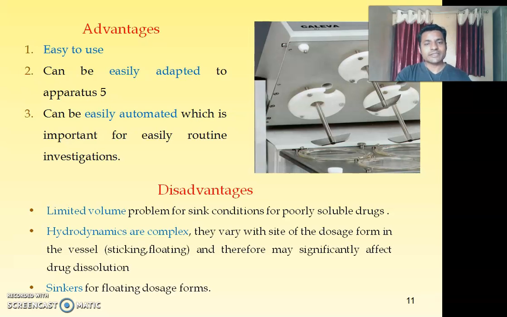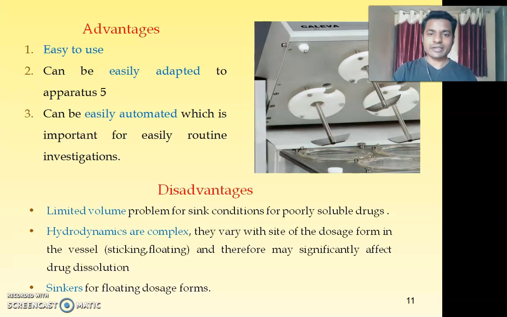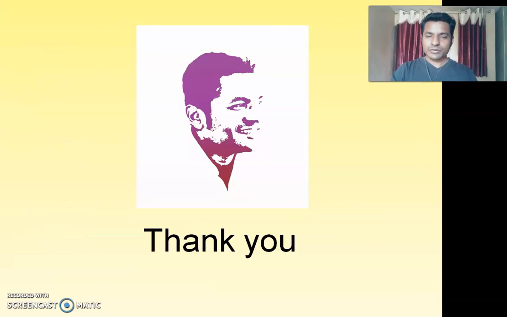These are the advantages and disadvantages regarding the paddle type apparatus. So in this video we discussed the two types of apparatus according to USP, type 1 and type 2, with their advantages and disadvantages. Okay, thank you.